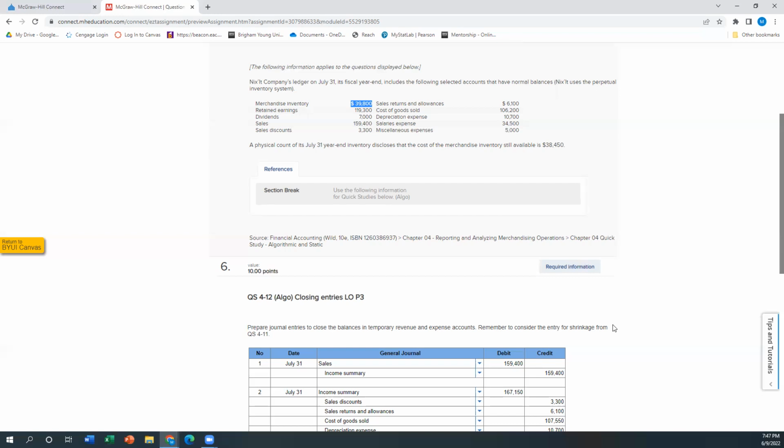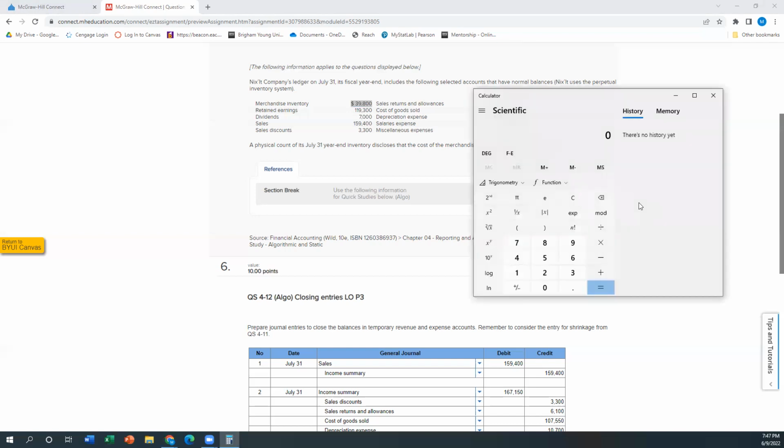And so in this case, we count up, we have 38,450 in inventory, but our account says we have 39,800. So I'm going to do 39,800 minus 38,450. And that's going to be the amount of our shrinkage entry.